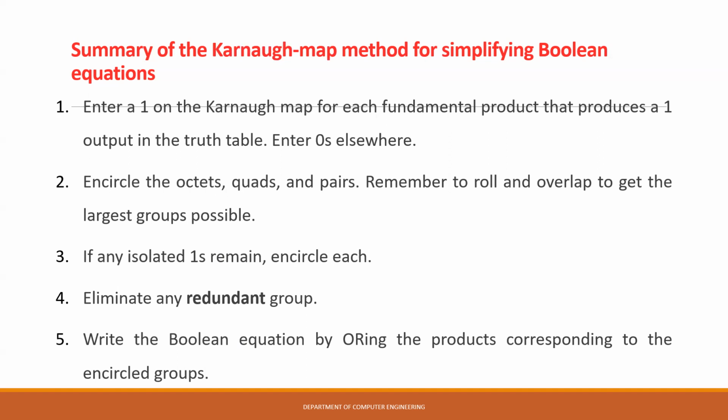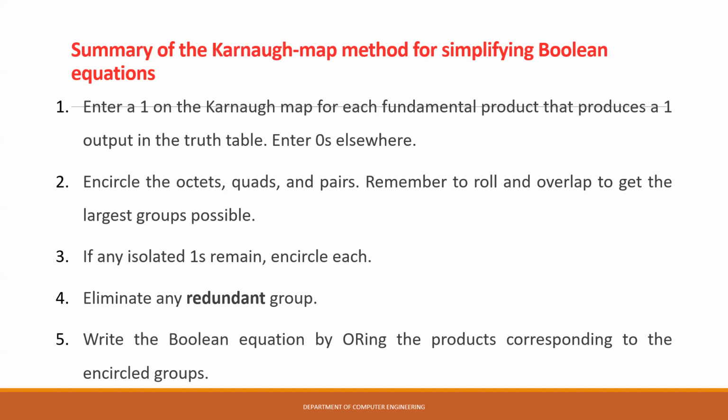Now, second rule after representation of the expression in the K-map is the grouping. This is the main task which is used to simplify the K-map. We have to encircle the ones which are represented in step 1 by using different combinations of octets, means 8 ones.